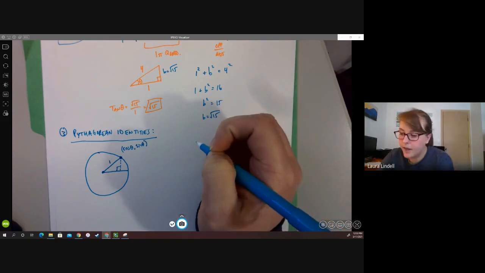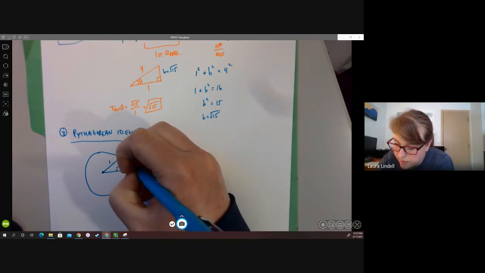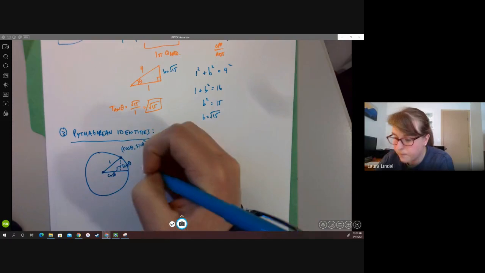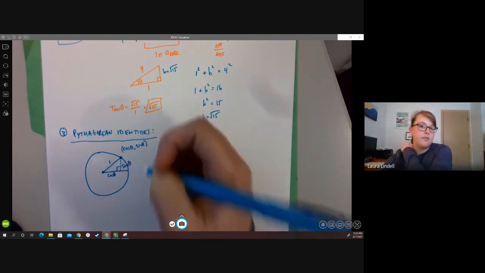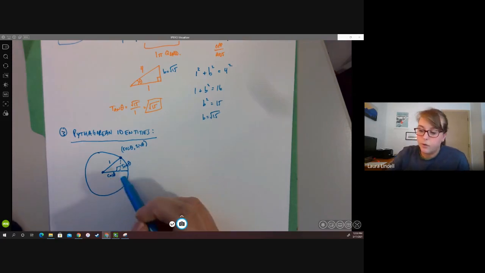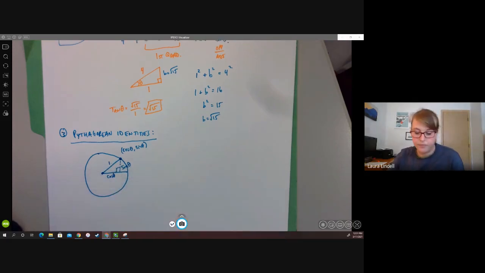So this y distance is sine, and this x distance is cosine. And since we have a right triangle and we know the Pythagorean theorem, a squared plus b squared equals c squared, then this side squared plus this side squared equals this one squared.